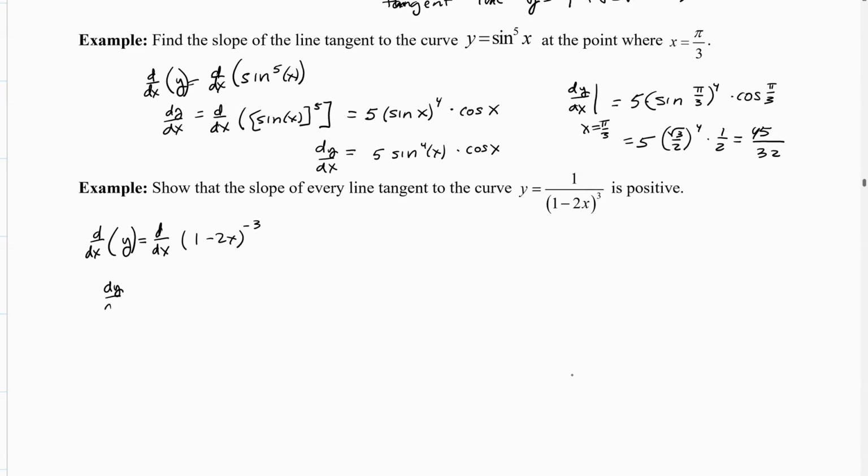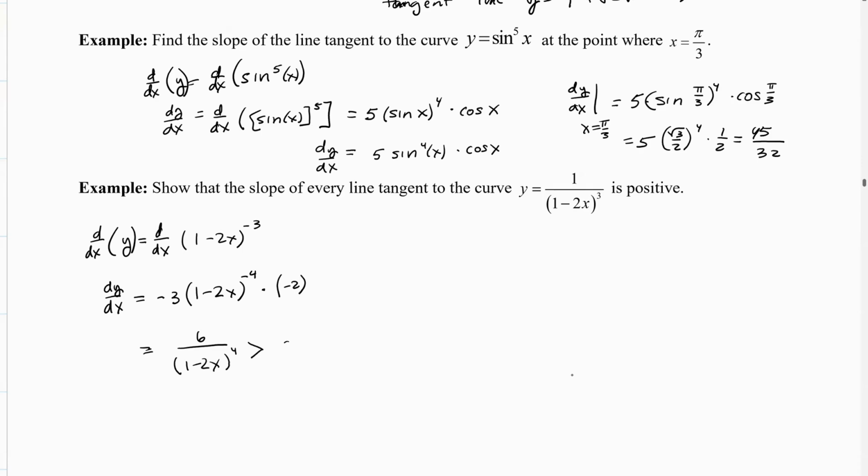And I get dy dx is equal to, bring the negative 3 down, keep the inside the same, reduce the power by 1, which is negative 4, because getting smaller makes it more negative. And then we multiply that by the derivative of the inside, which in this case is negative 2. If I clean that up, I get positive 6 over 1 minus 2x to the fourth power.